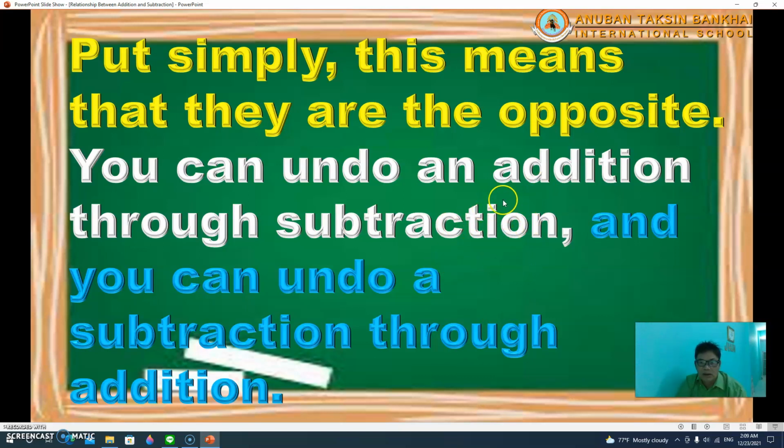You can undo an addition through subtraction, and you can undo a subtraction through addition.